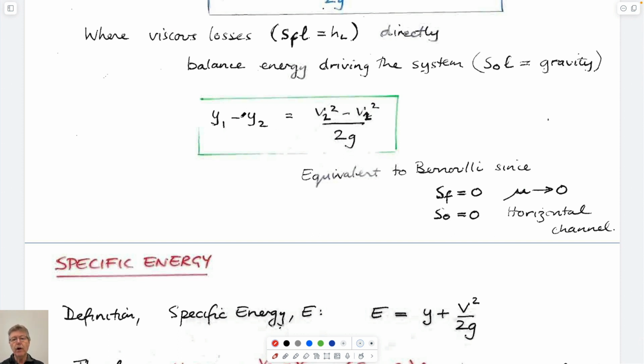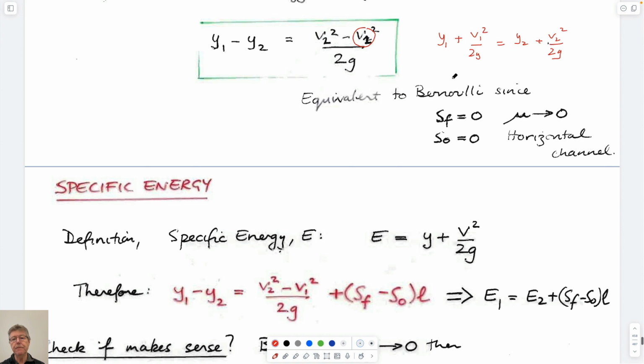And we can rewrite this by dividing it into upstream and downstream portions, just by writing it as Y1 plus V1 squared over 2G equals Y2 plus V2 squared over 2G. So this is Bernoulli equation written for an open channel flow.